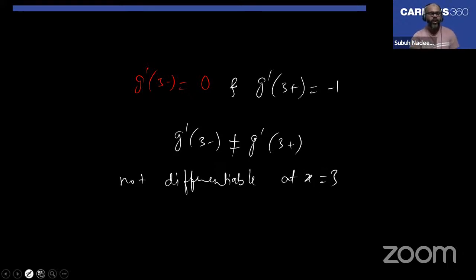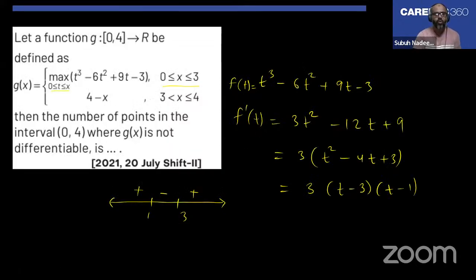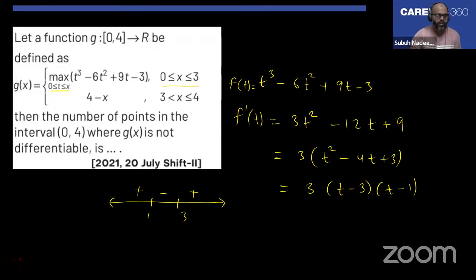So how many points are there where it is not differentiable? We will say that there is only one point, which is x = 3. If we see the correct answer here, yes, it is 1. So we will say that our answer here is 1.